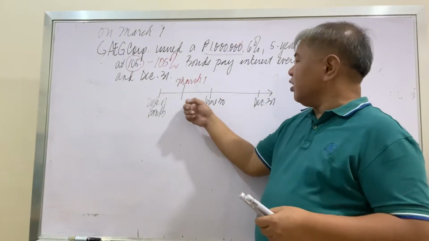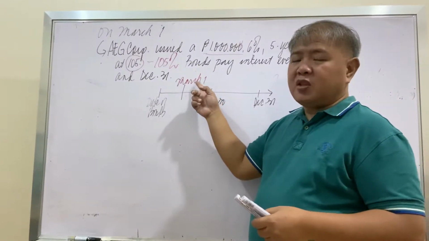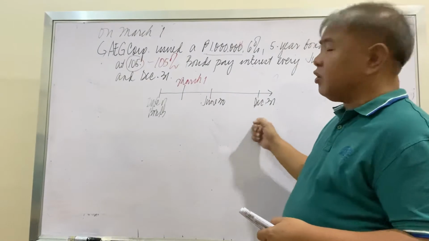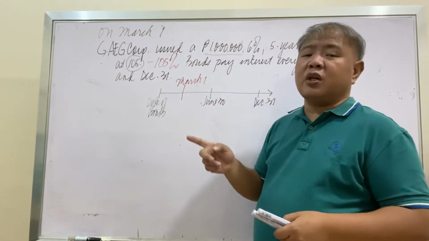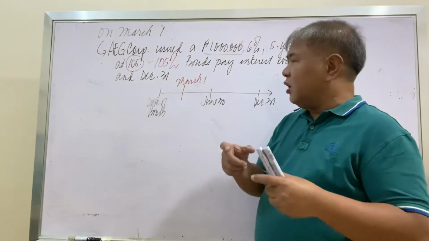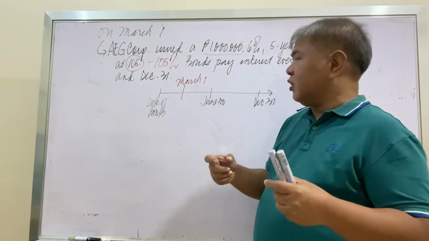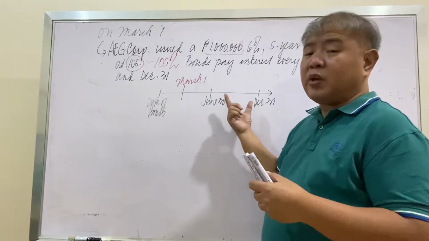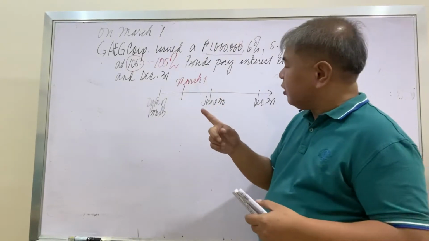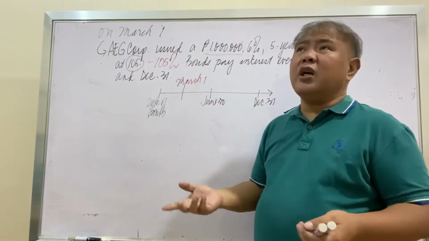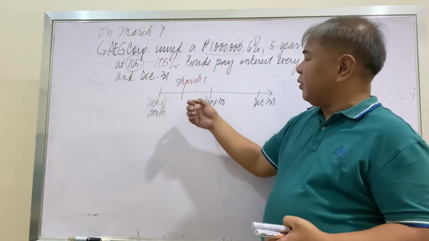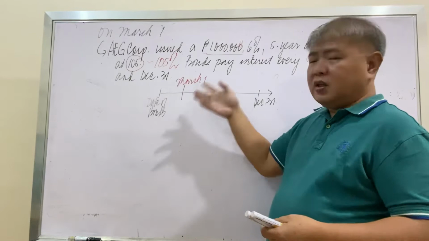Now, remember, at June 30 and December 31, the bond issuer will issue the check for the payment of interest equal to half a year. But the bonds were issued March 1, so the proceeds of the bonds were actually used by the company only from March 1 onwards.